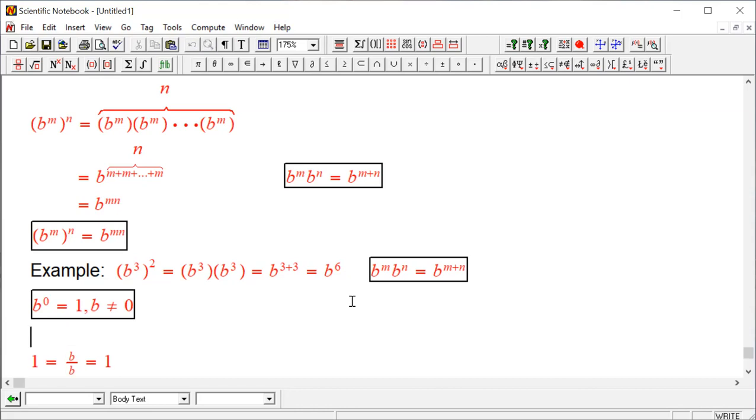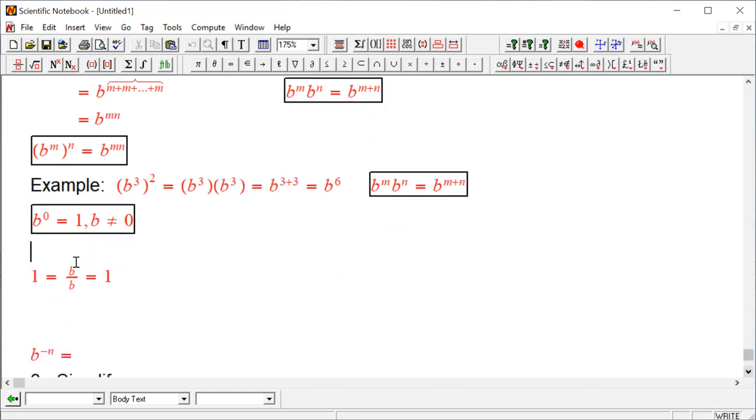And of course, we also want to address the other property, which we didn't quite do, is that suppose we have b to the power m divided by b to the power of n, and that equals b raised to the power of m minus n, right? Okay, so I'm going to leave that deriving for you. So 1 is equal to b over b, but we need to make sure that this b cannot be 0, isn't it?